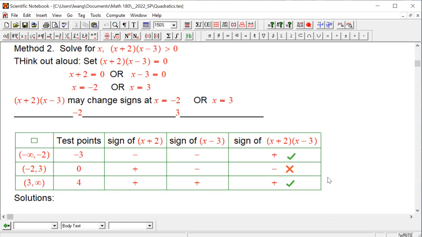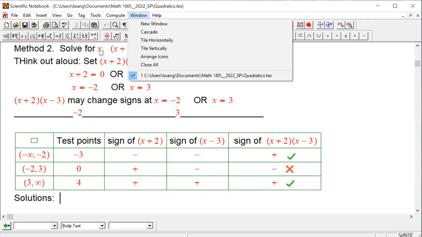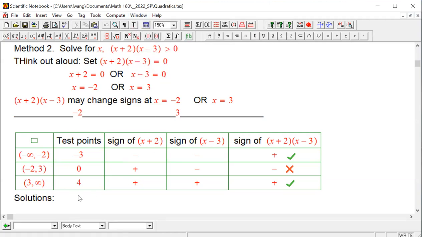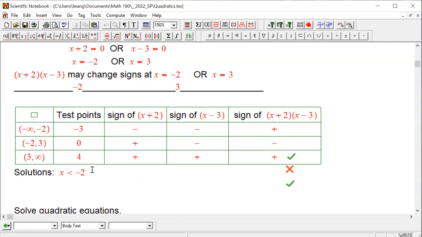The solutions will be this interval, which means x is less than -2, or the next interval, which means x is larger than 3.